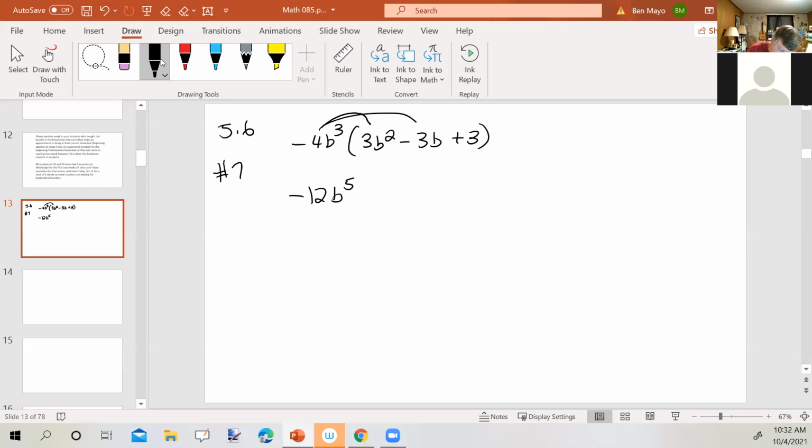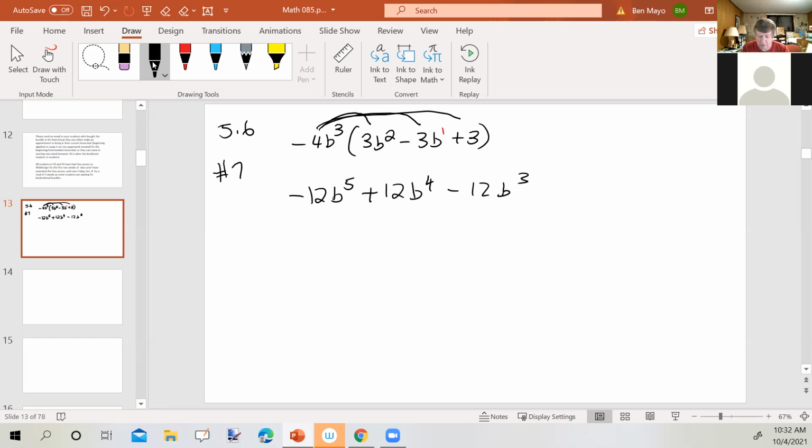Negative 4b cubed times minus 3b, negative times minus is plus, 4 times 3 is 12, b to the 3rd times b to the 1, there's an implied 1 exponent, is b to the 4th. And then finally, negative 4b cubed times 3 is negative 12b cubed.